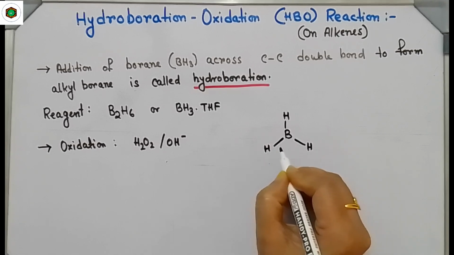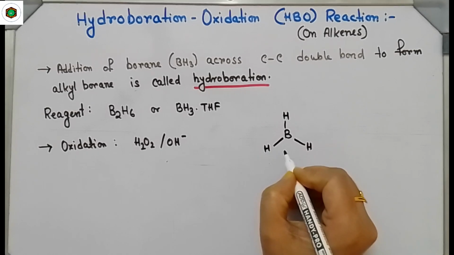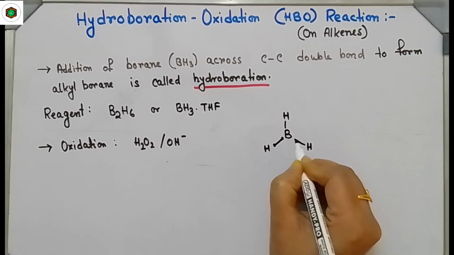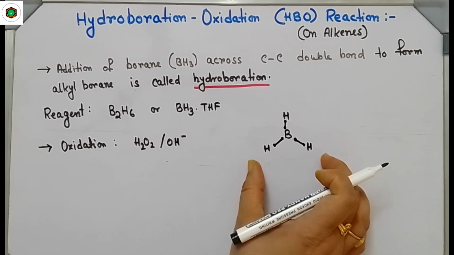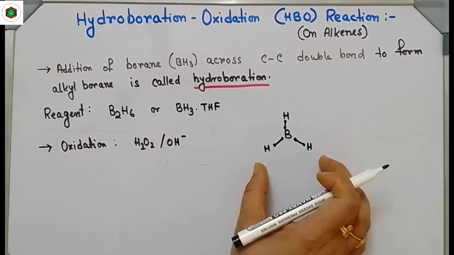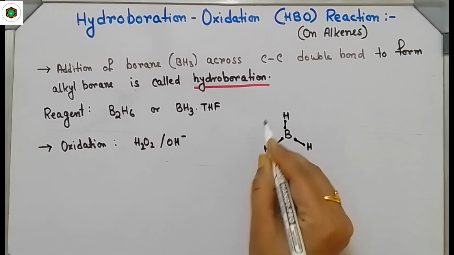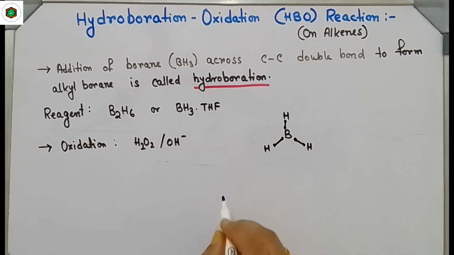Now here, how many electrons does the boron atom have in its valence shell? 1, 2, 3, 4, 5, 6. So the boron atom has 6 electrons in its outermost shell. So in BH3, the boron atom is electron deficient.